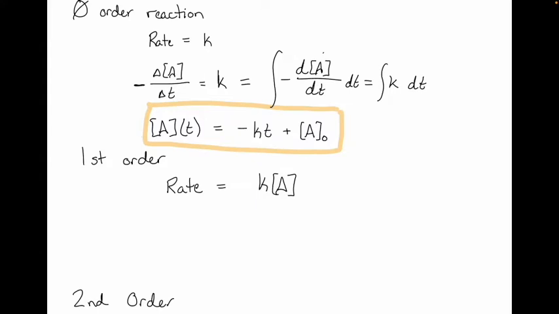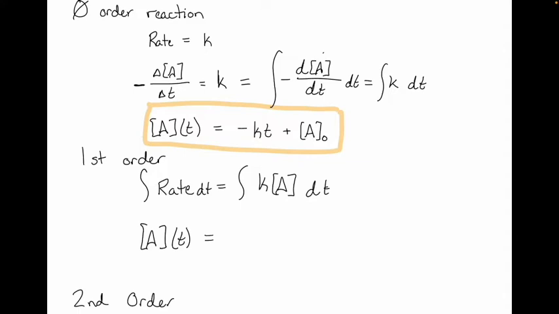And now again, we're going to play the same game where we're going to integrate both sides with respect to t. Again, you can do it on your own or just kind of trust me about this. But what we're going to get here is that the concentration of A changes as a function of time. When you integrate this, because this side is also dependent on time, you have to use that special number e.